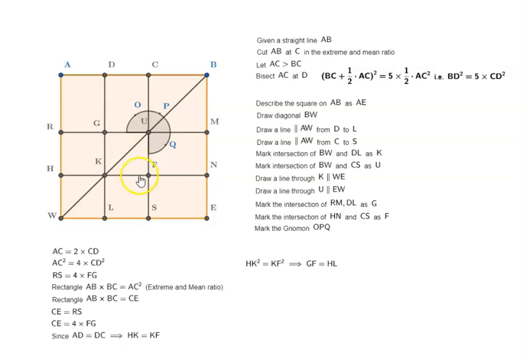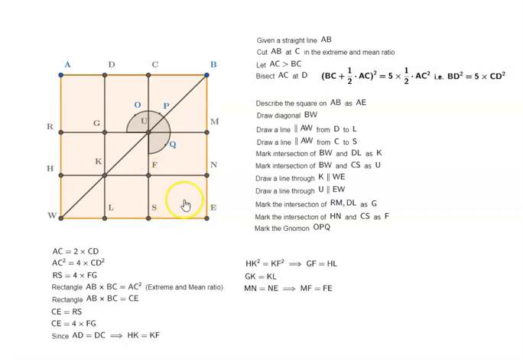It is GF. So GF is equal to HL. Now since GF is equal to HL, and they are squares, that means GK is equal to KL. MN is equal to NE. That means MF is also equal to NS.